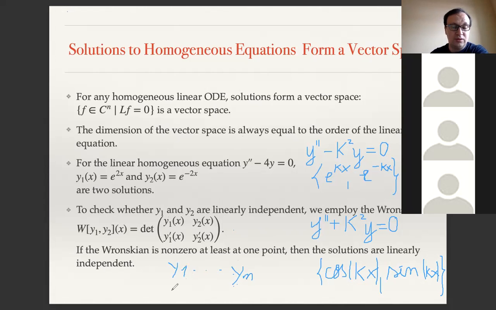And on the second line, y1 prime up to yn prime, and so on. Because there are n lines, and we started with no derivative whatsoever, the last one will have n minus 1 derivatives. So y1 with n minus 1 derivatives, and so on and so forth, up to yn with n minus 1 derivatives.